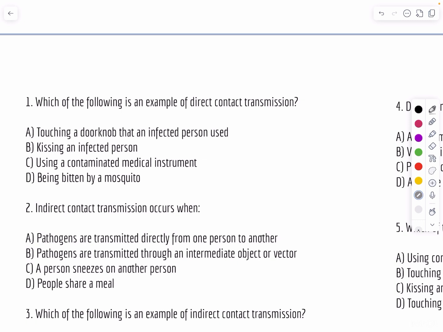Touching a doorknob that an infected person used, kissing an infected person, using a contaminated medical instrument, being bitten by a mosquito. The answer is B, kissing an infected person, since all of the other answers are examples of indirect contact and not direct contact as asked in the question.